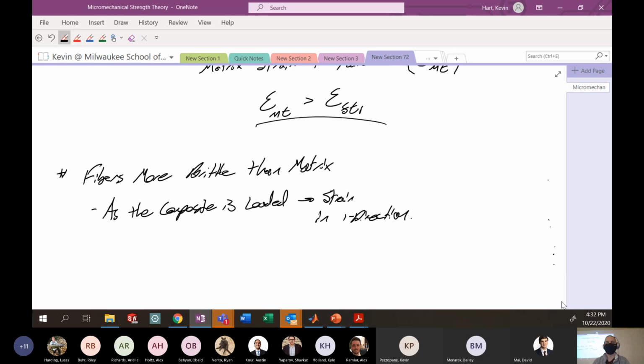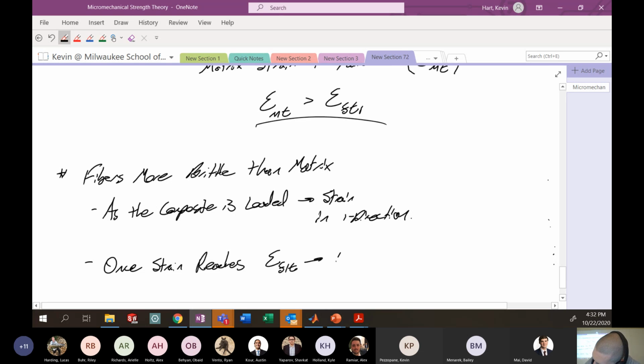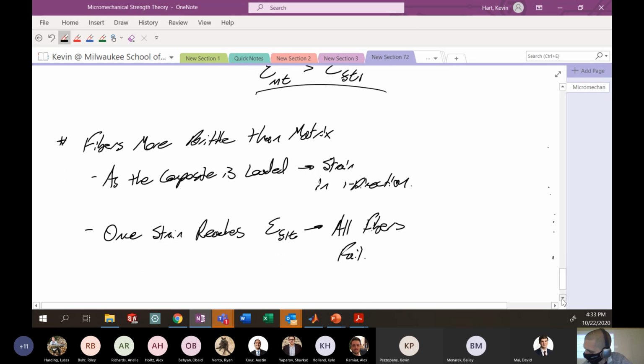That's not really what happens in reality, but that's the assumption that we have here because all fibers are carrying the same stress. That's what we said in our assumptions. Once strain reaches strain in the fiber in the one direction in tension, all fibers fail. We know that that's really not what happens in practice, but that's what we're gonna assume. So then fibers no longer carry load.